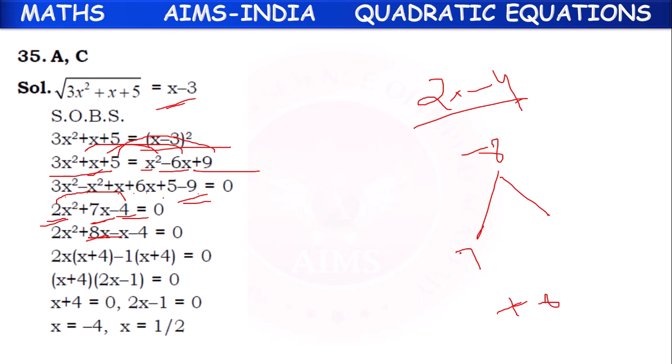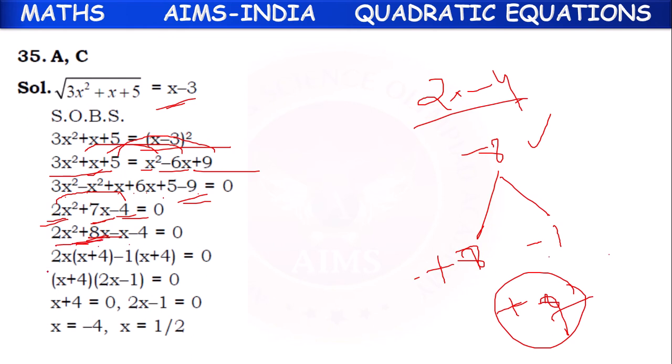We can take 8 into 1. In the middle we should get plus 7x. So plus 8 minus 1. If you multiply, it will become minus 8. Sorry, middle term should be plus 7, children. If we add, it will become plus 7. So let's split the middle term into plus 8x minus x.